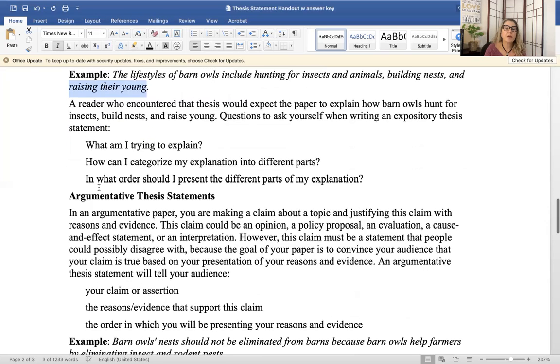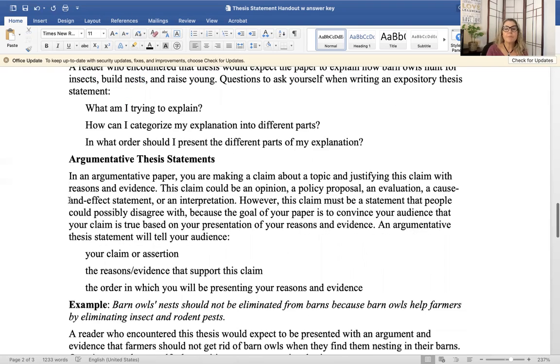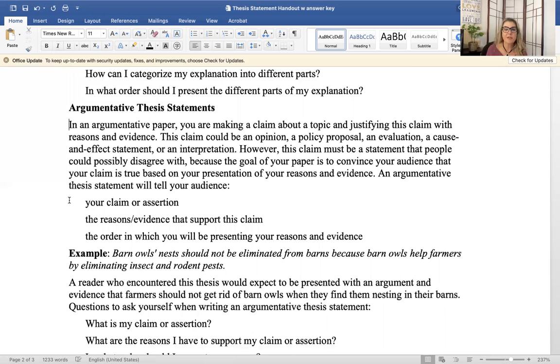All right, the last one, and I would say the most important one in regards to this class, is the argumentative thesis statement. Now, why do I say important? Because you're going to write at least one argumentative essay, and your research paper is going to be an argumentative essay. So something to keep in mind. In an argumentative paper, I'm reading here, you are making a claim about a topic and justifying this claim with reasons and evidence, all right?